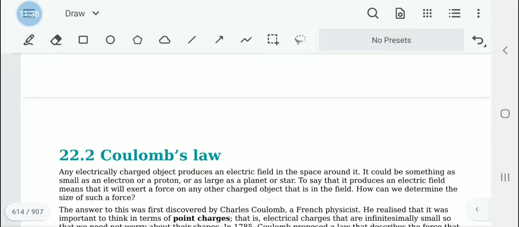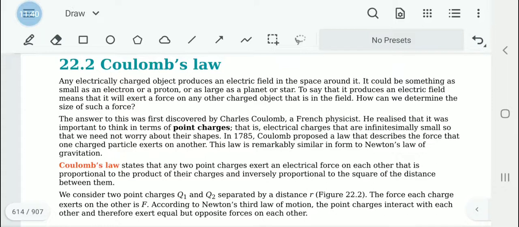Right, so the equations I'm not going to repeat because those are the same ones that we discussed earlier. Then write down. Charles Coulomb developed Coulomb's law by considering point charges.